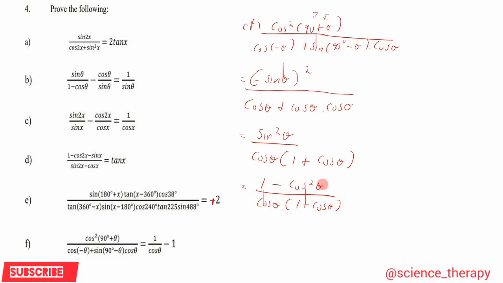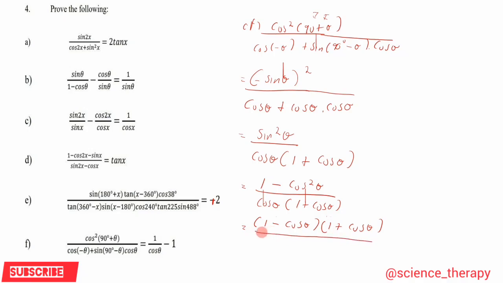Now we know this is a difference of two squares, so we can write it out as this. Remember, we are trying to look for expressions that will cancel out here. So knowing that this is difference of two squares, we can write it as 1 minus cos theta and 1 plus cos theta, right? So still it won't give you any middle term because that's a plus and minus.